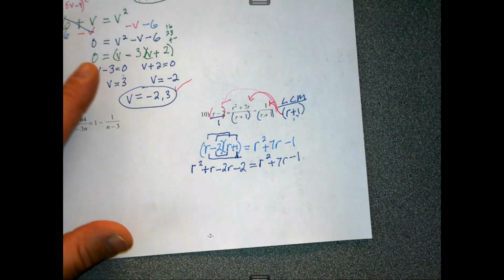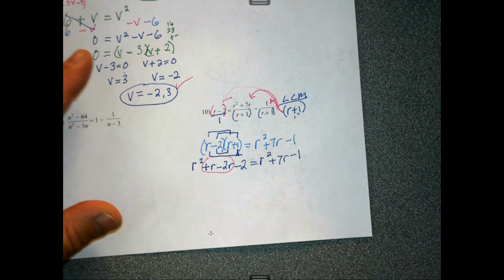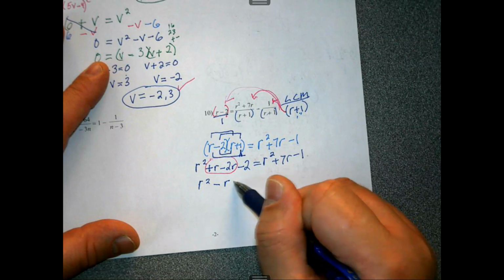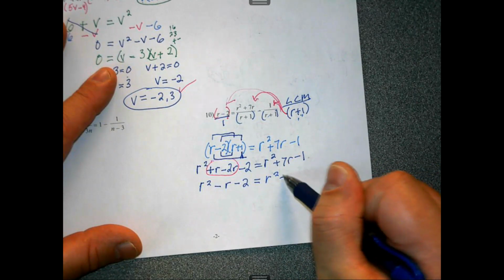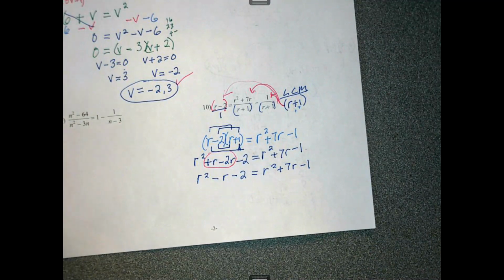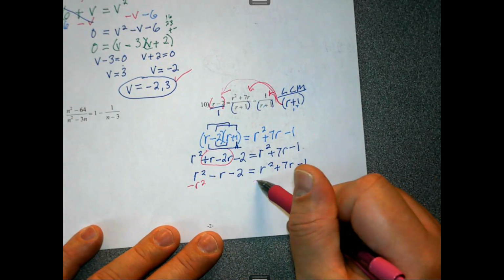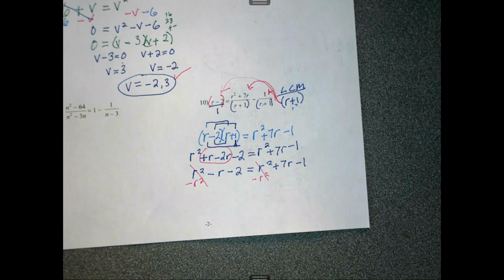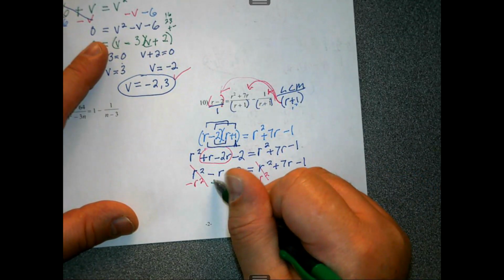Okay. Let's see, we can combine these. So I have r squared minus 1r minus 2, and that equals r squared plus 7r minus 1. I'm going to subtract the r squared, and that actually gets rid of r squared. Now I'm going to bring this negative r over here just because I like to keep my variables positive.